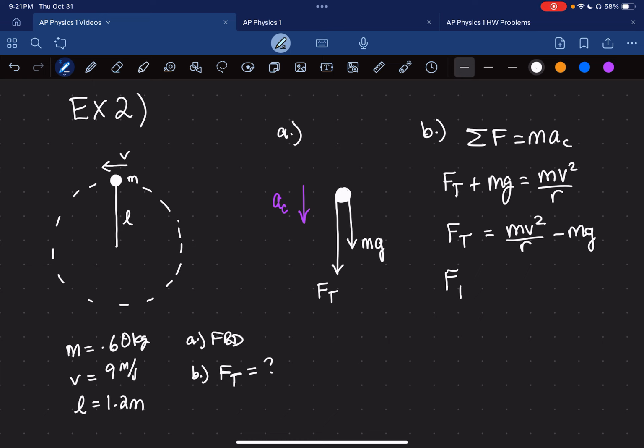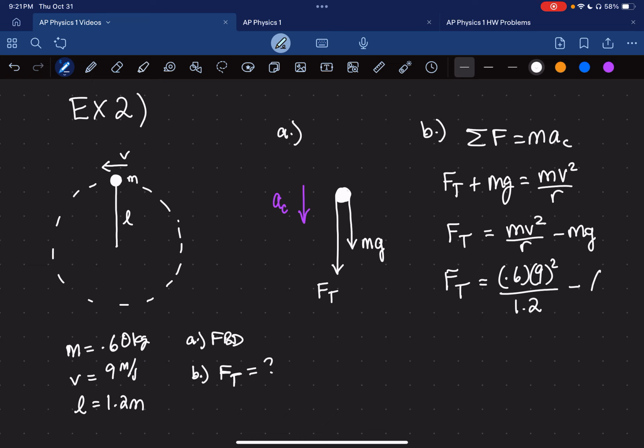This is 0.6, 9 squared over 1.2. And of course, I failed to mention that the length of the string will be the radius of the curvature here, which I'm sure many of you would have figured out.